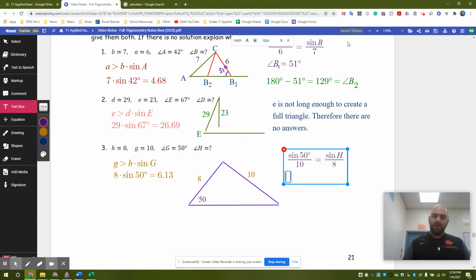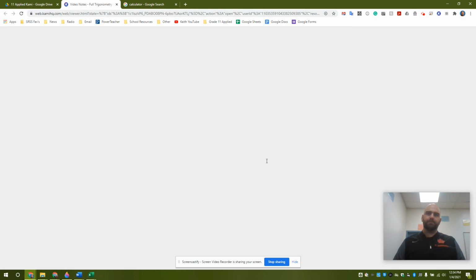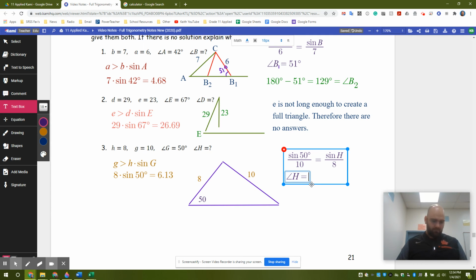And we're going to get that angle h is equal to 8 times sine 50 divided by 10. The inverse sine of the answer is 37.79, so 38 degrees.